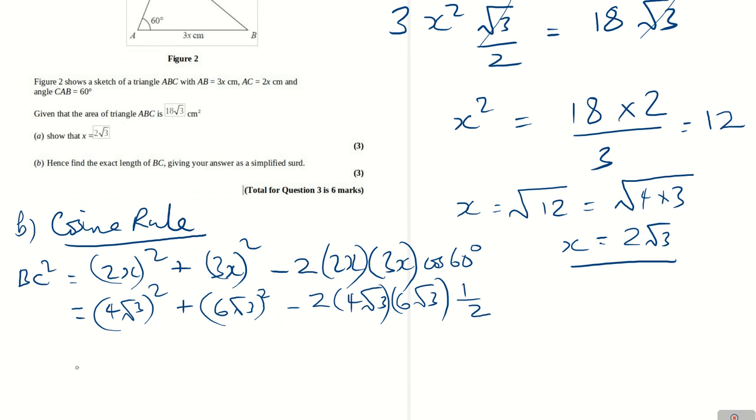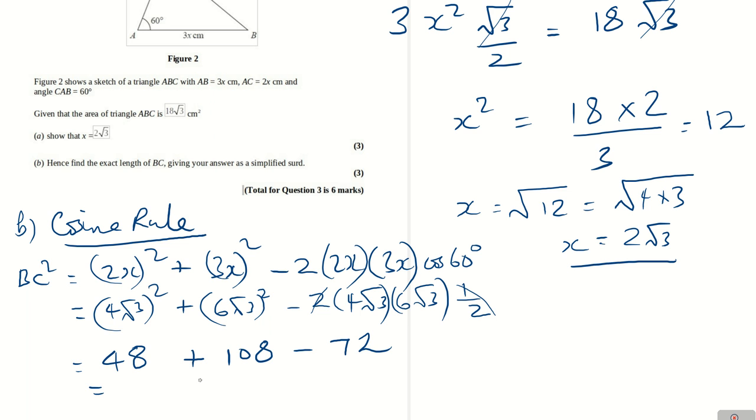Okay, right, so 4 root 3 squared, well 4 squared is 16 and root 3 squared is 3, so that's just 16 times 3, which is 48, plus now 6 squared is 36 and root 3 squared is just 3, 36 times 3 is 108, minus, well 2 times a half cancels out, so we're going to have 4 times 6 is 24, root 3 times root 3 is 3, so 24 times 3 is 72.